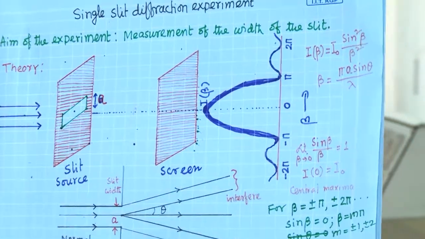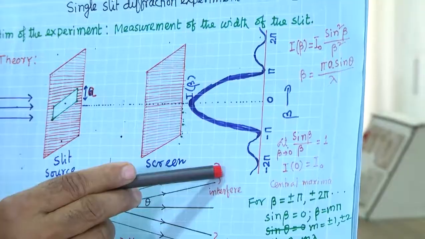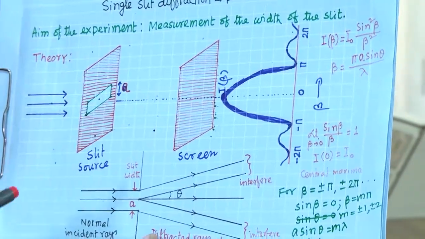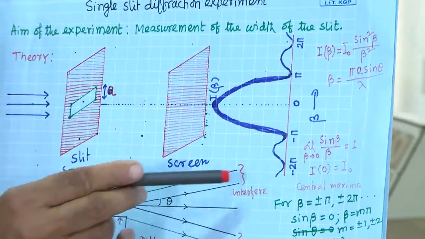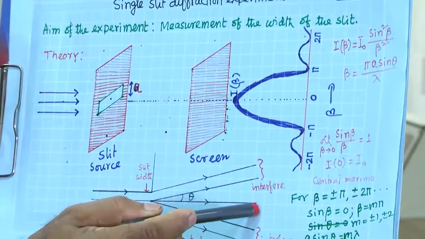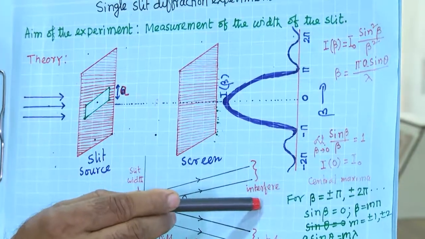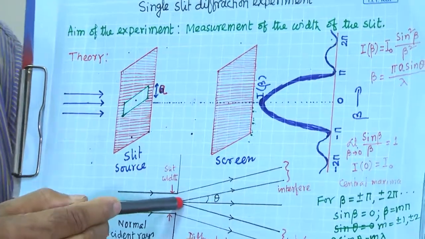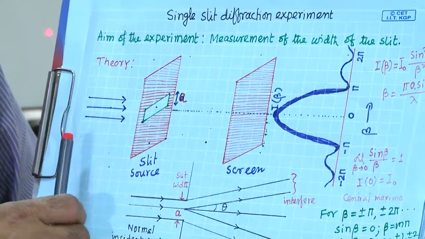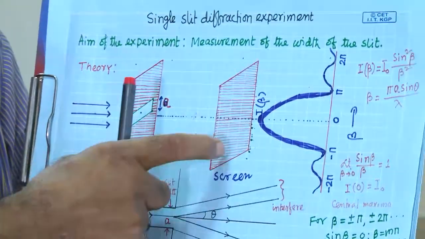So, sin theta, for small theta, sin theta is equal to tan theta, which you can write as this distance divided by this distance. So, (x minus x0) divided by D, capital D, that as I told, is the distance between the slit and the screen.